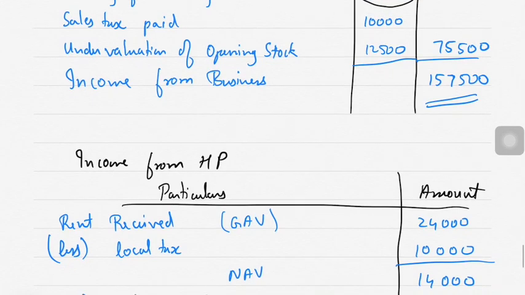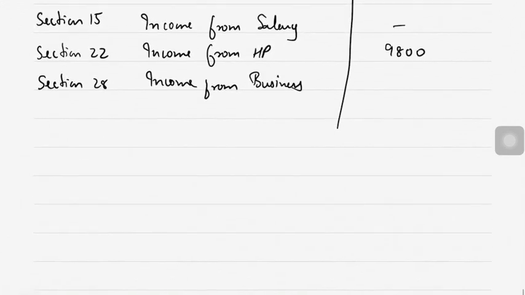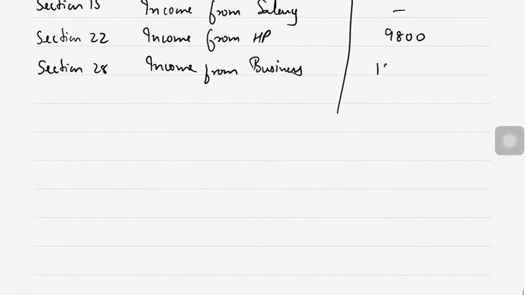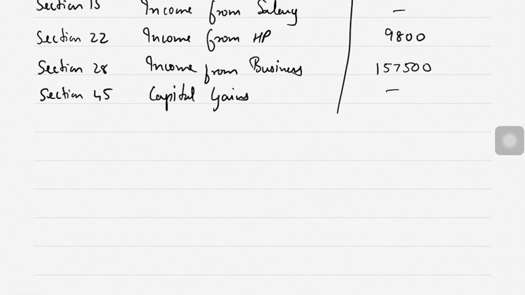Income from business 1,57,500. Then section 45, capital gains. Nil.